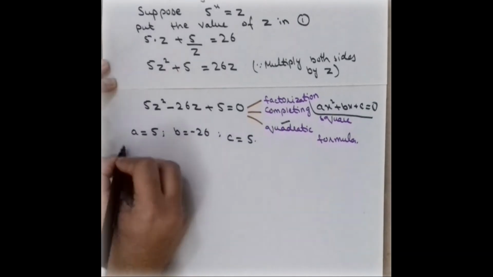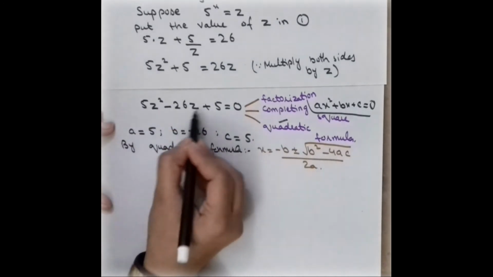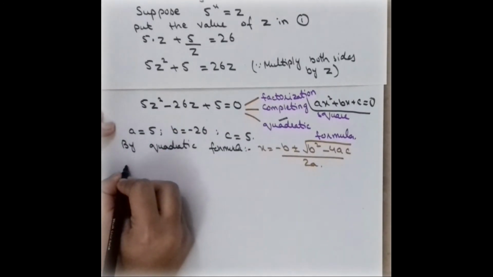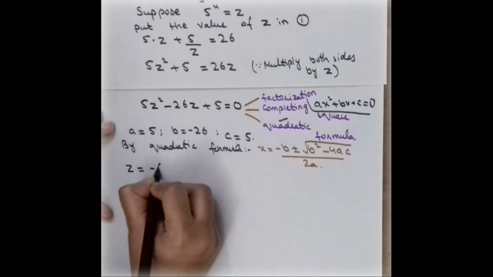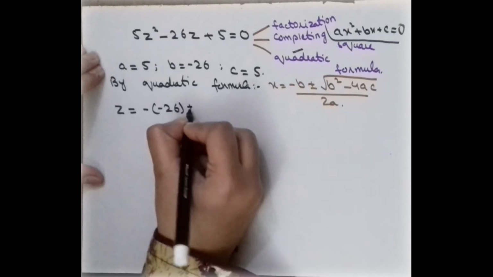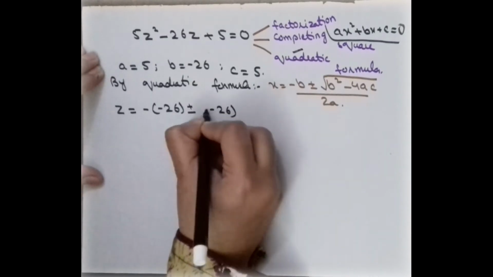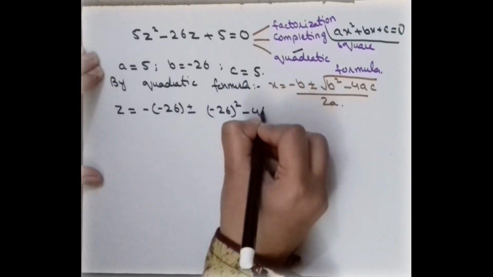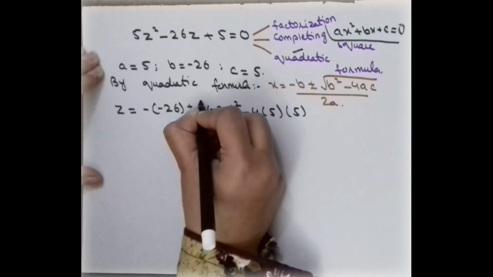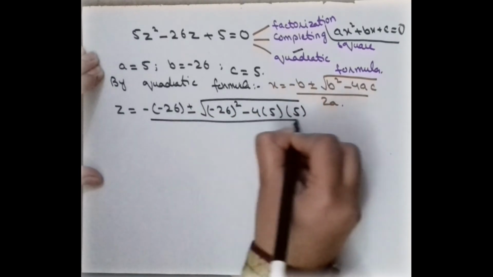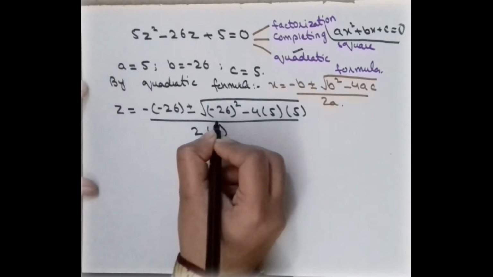Now to apply the formula, since we are dealing with the variable z, we write z equals minus b, which is minus into minus 26, plus or minus the square root of b square, which is minus 26 square, minus 4 times a, where the value of a is 5, and c is 5, all divided by 2a, which is 10.